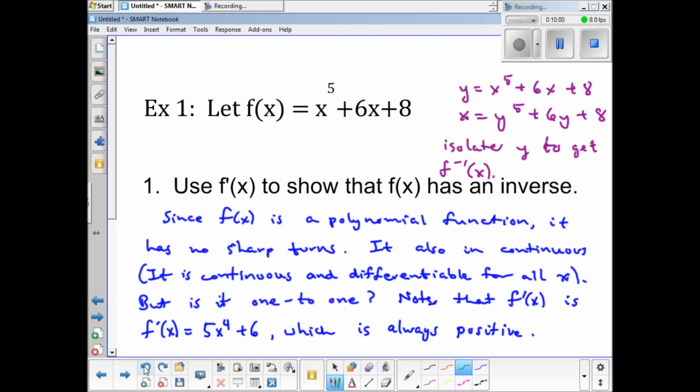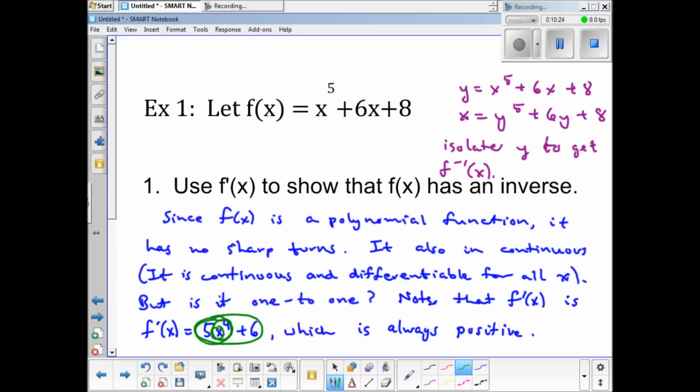So I'm going to go through the argument again. We start with any number, we take the fourth power. So far, the smallest number we could possibly have is 0. We then multiply by 5, still the smallest number we could have is 0. Add 6. The range on this is always greater than or equal to 6.